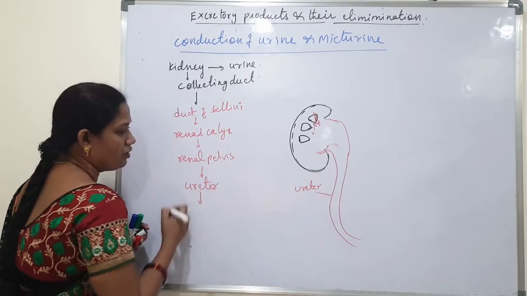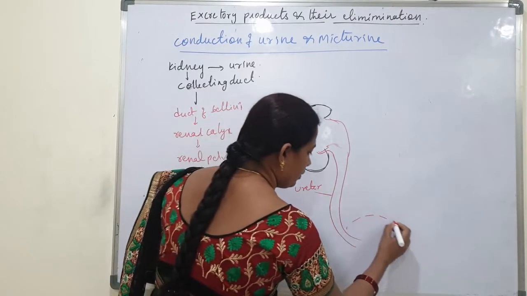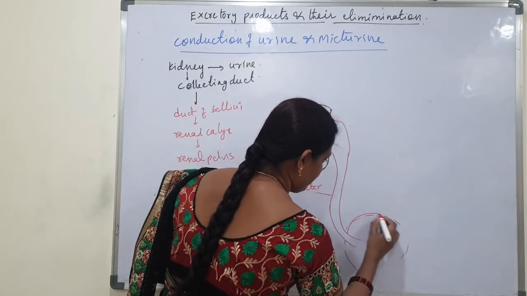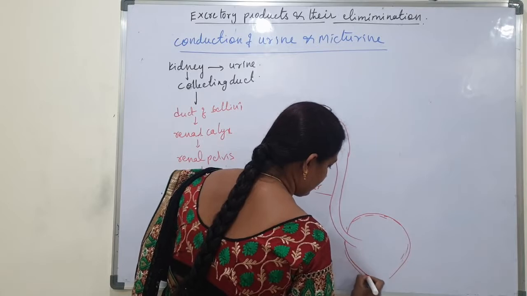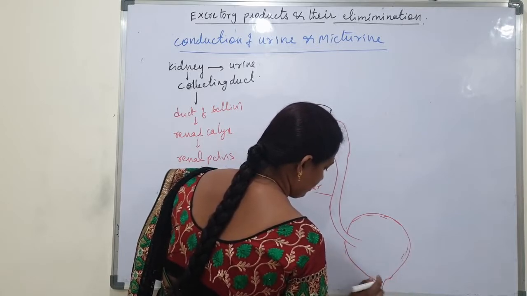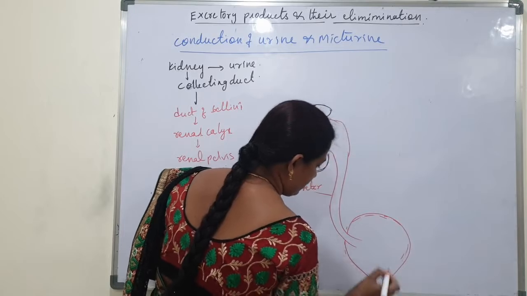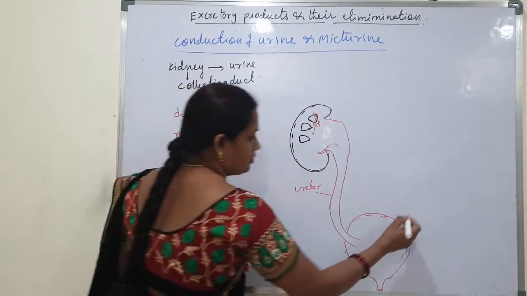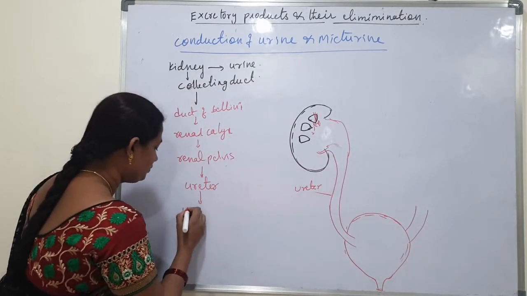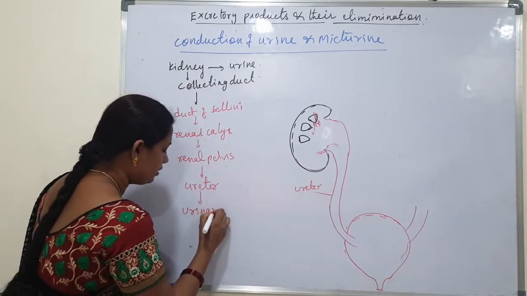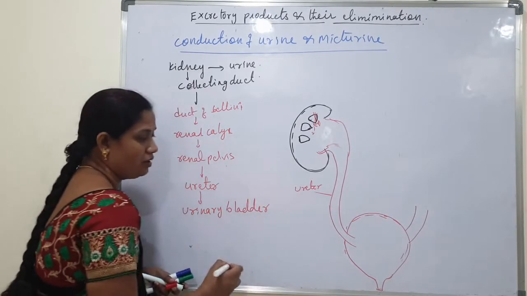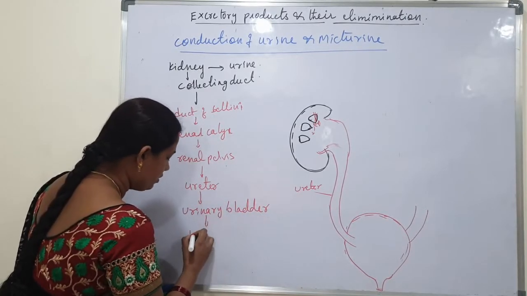Then the ureter opens into the urinary bladder. Here, two ureters open into the urinary bladder. Then the urinary bladder opens into the urethra.